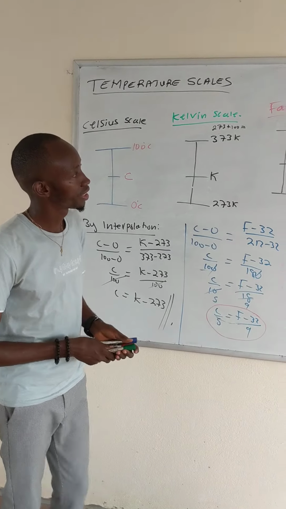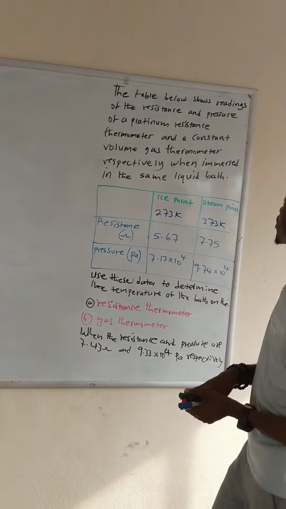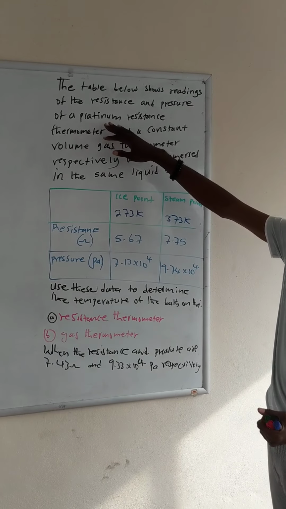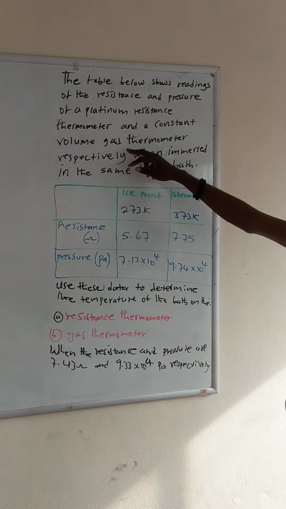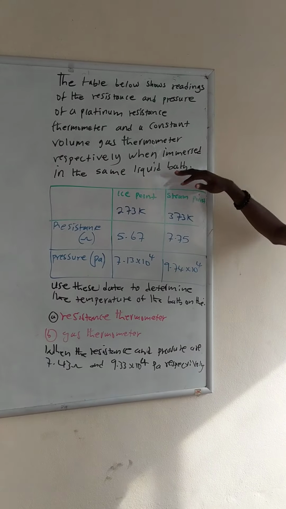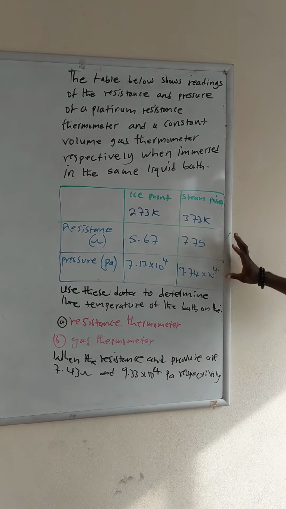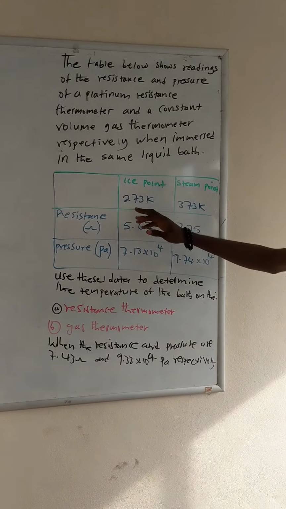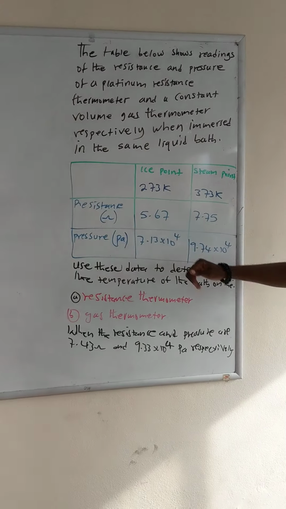It says the table below shows readings of the resistance and pressure of a platinum resistance thermometer and a constant volume gas thermometer respectively when immersed in the same liquid bath. So we are given the table. This is the ice point. The ice point for the resistance thermometer is 5.67.